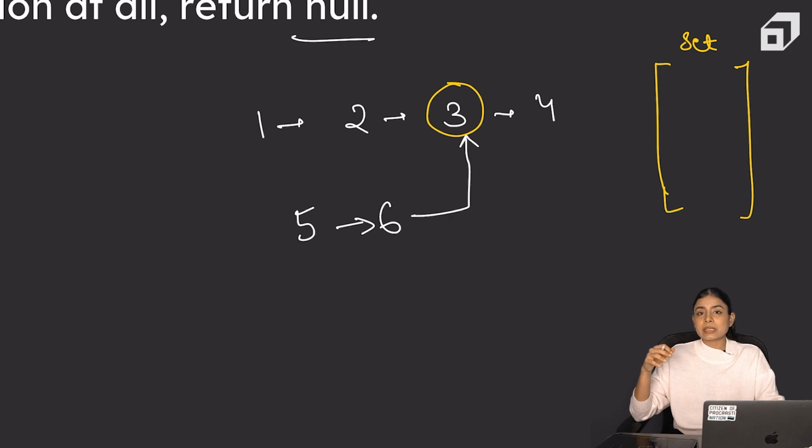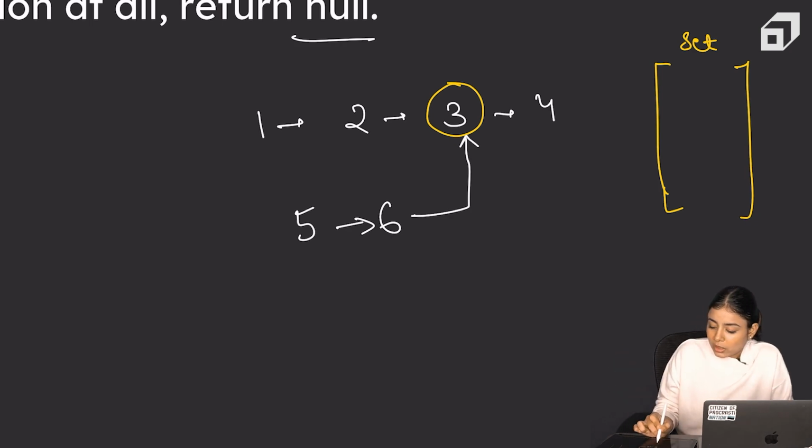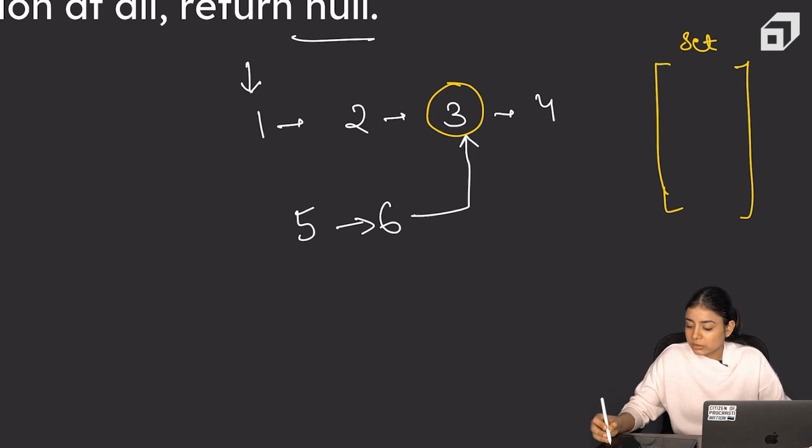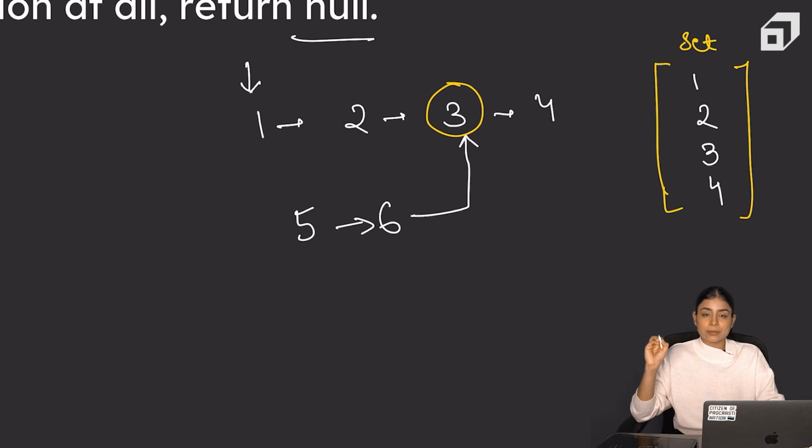If I can create a set here and store all of the nodes in my set, okay, so what I'll do is I'll go through any one of the linked lists. Let's say the first linked list, I'll traverse it, and I'll put all of my nodes here in my set. Okay, so the set will be of type node star. And I'll put all of my nodes, not just the values, the nodes, I'll put in my set.